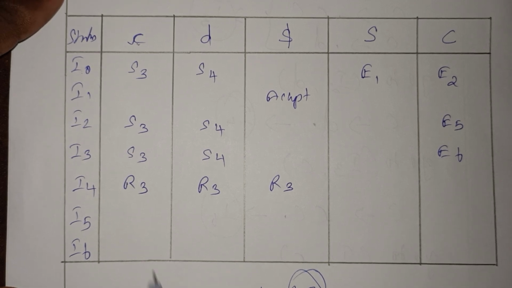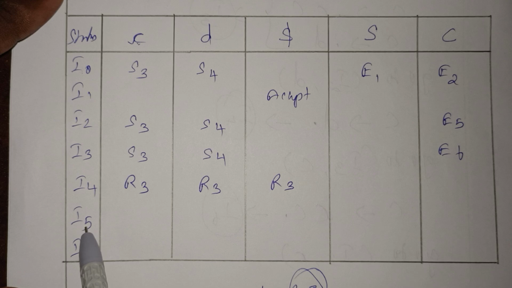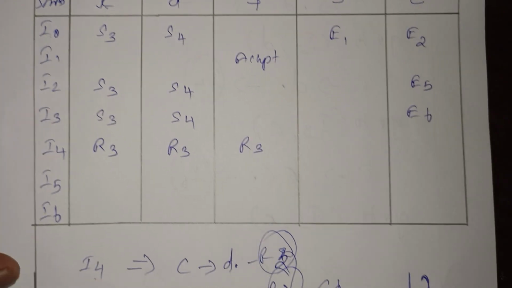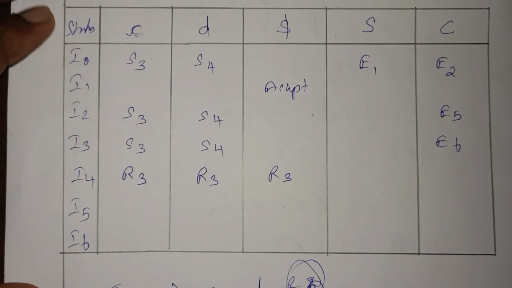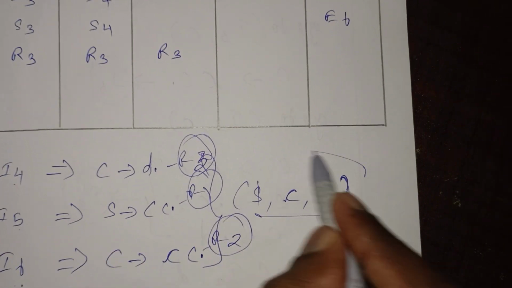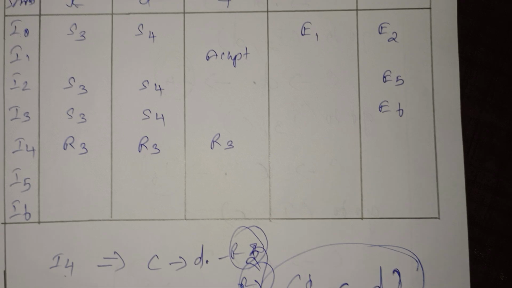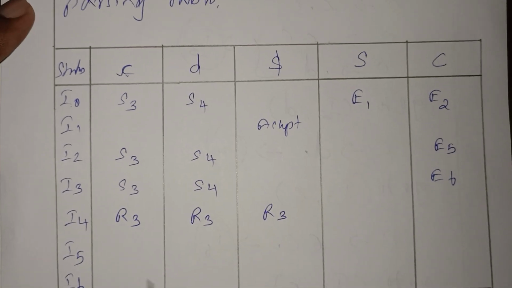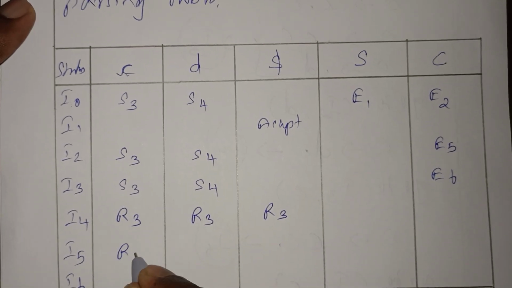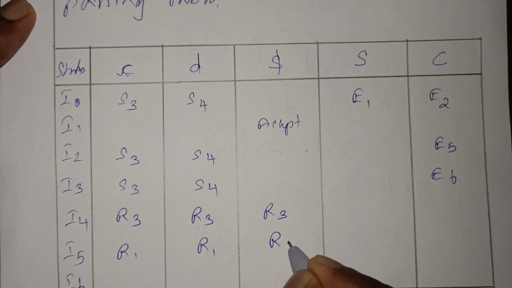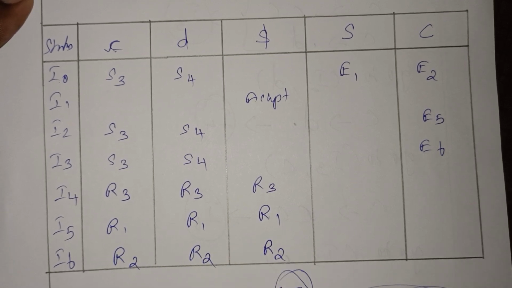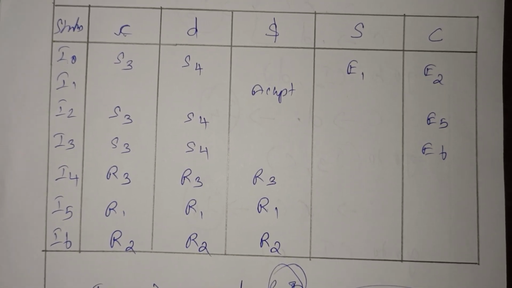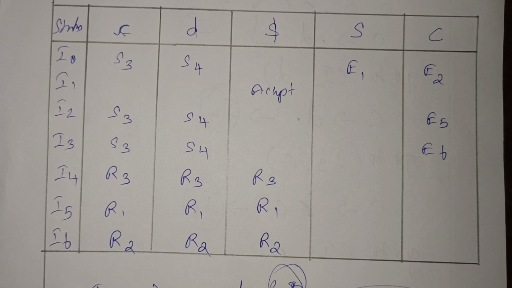For iteration number 5, the reduction rule is R1. I already showed you the symbols to which it is applied. So this represents R1, R1, R1. For iteration number 6, we have R2, R2 and R2. This is how step number 3 has been established.